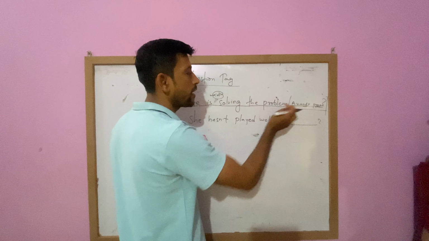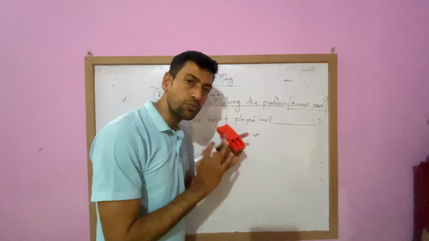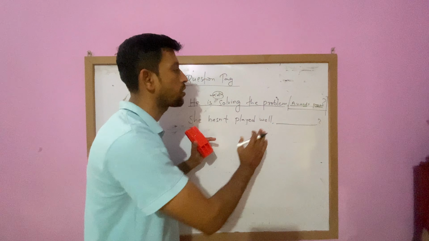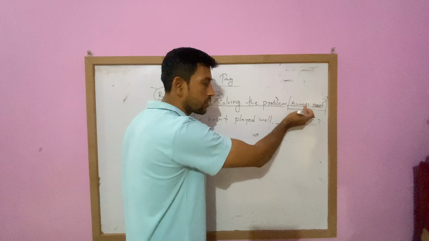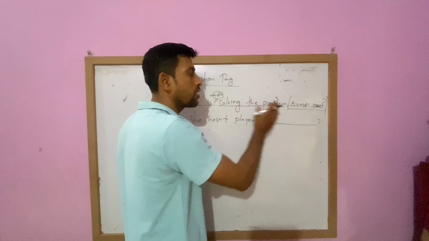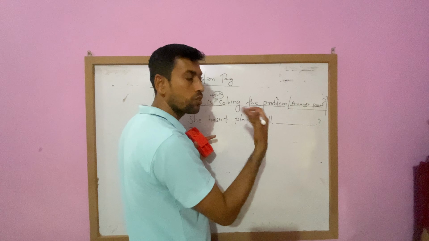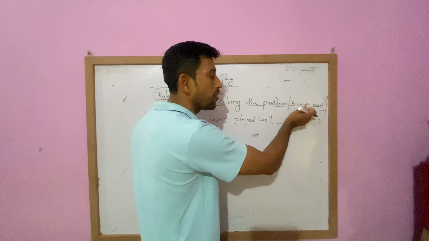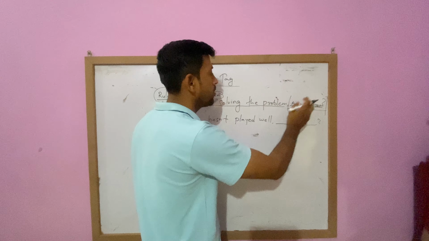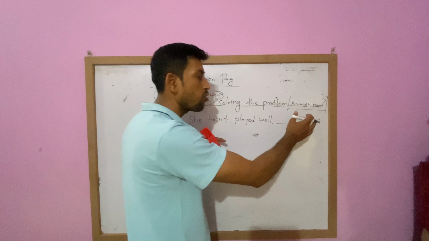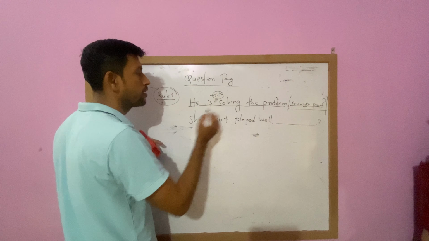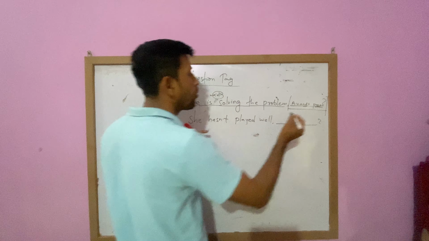First we use the auxiliary verb. Then after that we use not. If the statement is positive, then we use not here. If the statement is negative, then we cannot use not here. Then we use a pronoun, meaning the pronoun of the subject.